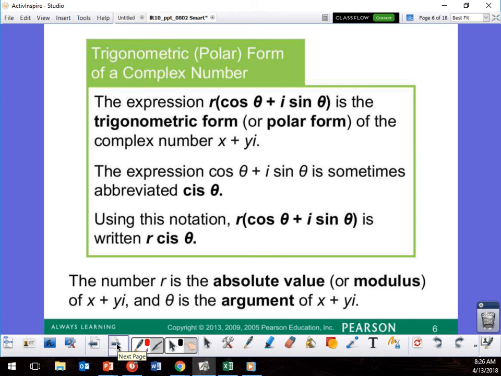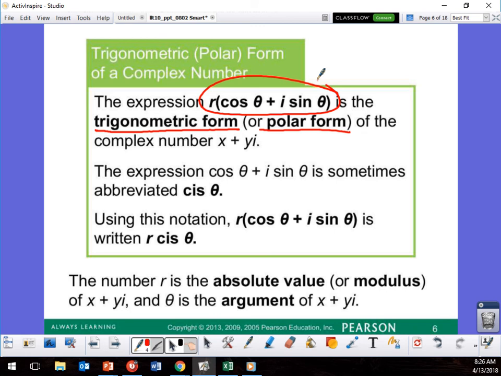Okay. These right here, trigonometric form or polar form. It has to be like this. So what happens to the r value? It's on the outside, right? And then my cosine, whatever this is going to be, plus I sine. So I times whatever my y direction is.